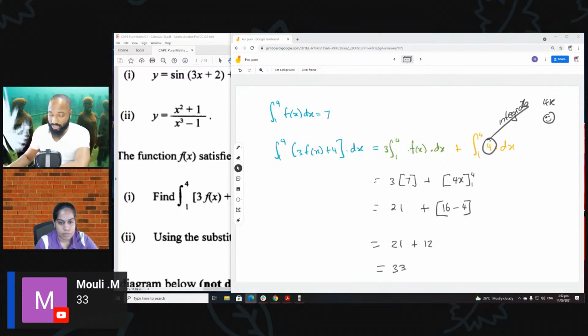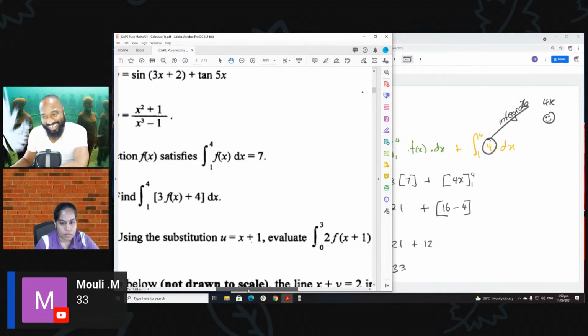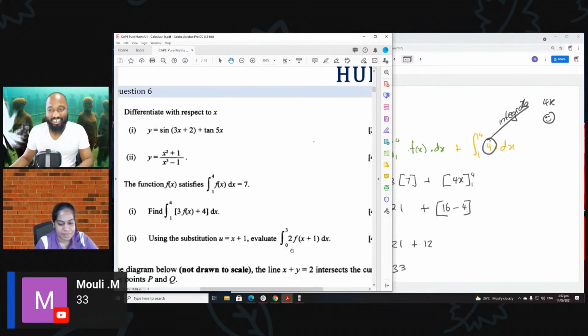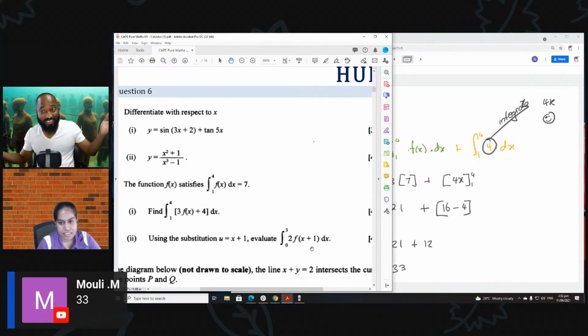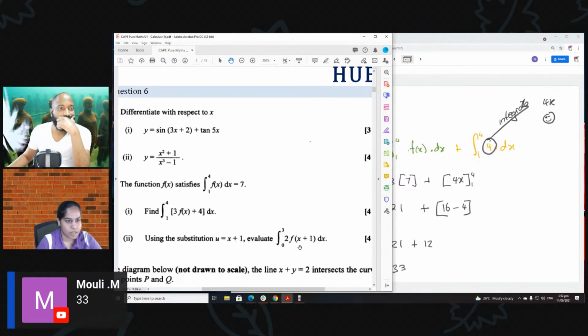Or you can do this question using substitution. Nalini, here's a nice, easy one for you as well. Using substitution, evaluate. Oh, another substitution. So we're going to see our next substitution at work here. We're going to use a substitution, u equals x plus 1. But first, let's write what we're required to find.